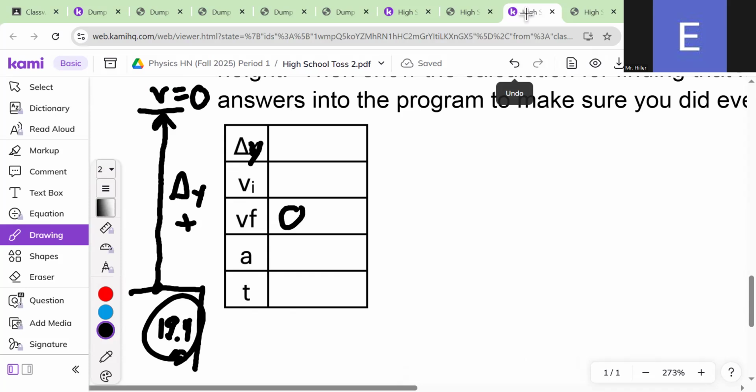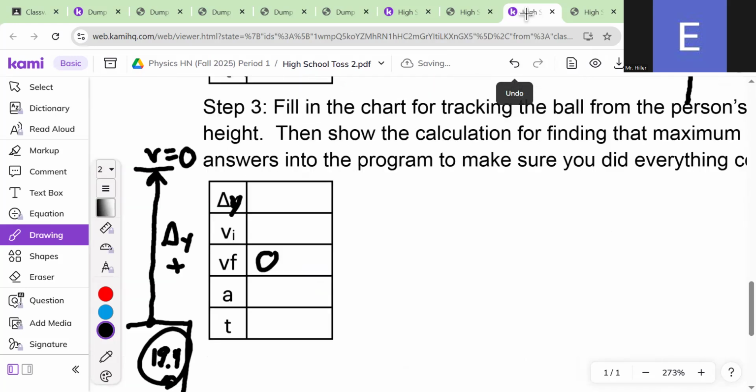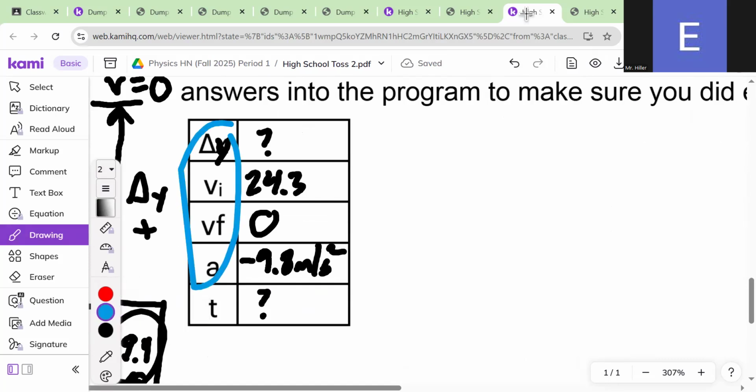v final equals 0. Put in your initial velocity. It's the same as it's been the rest of the problem. In my case, it's 24.3. I'm looking for delta y. Negative 9.8 is my acceleration. I don't know time, but I don't need it because I'm going to use the same equation. But this time, instead of solving for v, I'm going to solve for delta y.